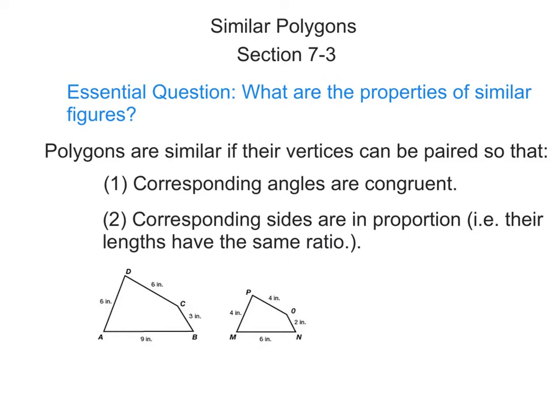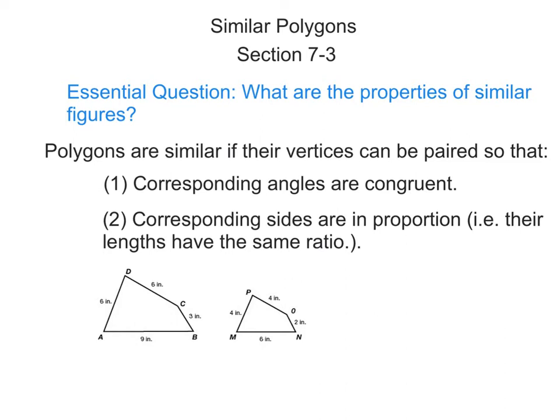That's 6 inches. That corresponds to OP, which is 4 inches. The ratio of those is 6:4, which can be reduced to being 3:2. Similarly, DA corresponds to PM, and those are also 6 and 4. So the ratio there is also 3:2.